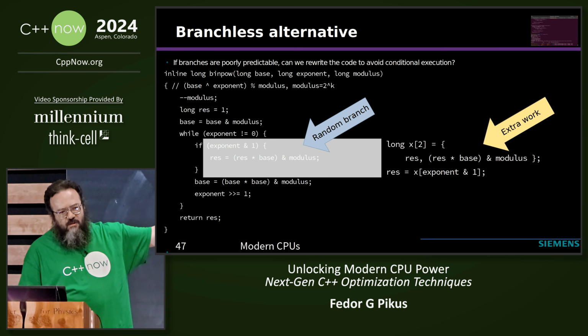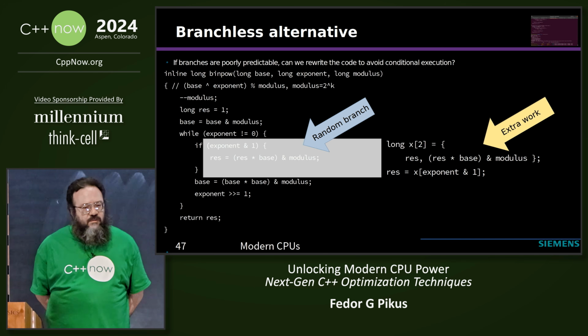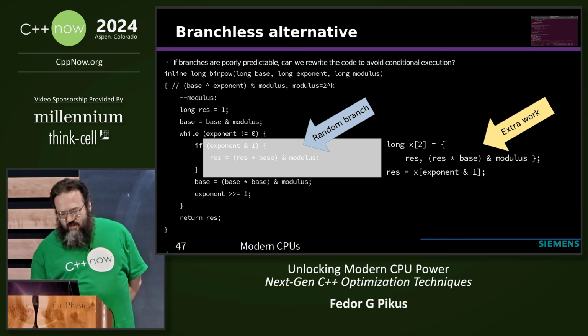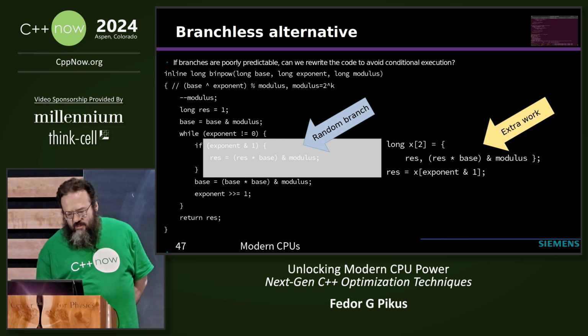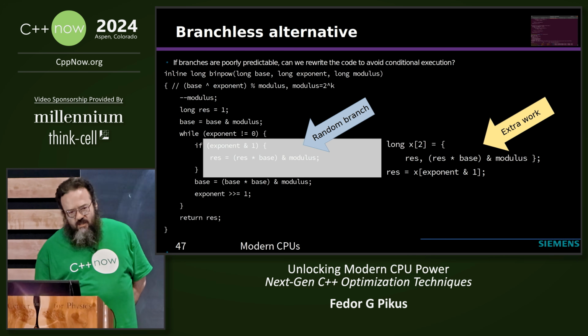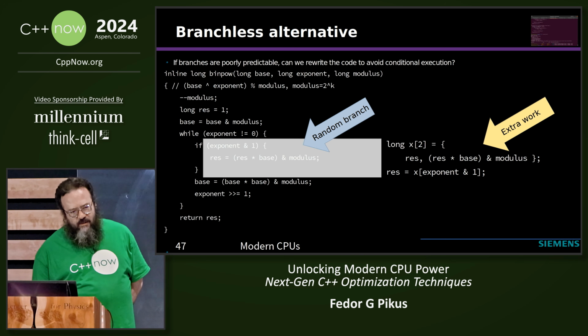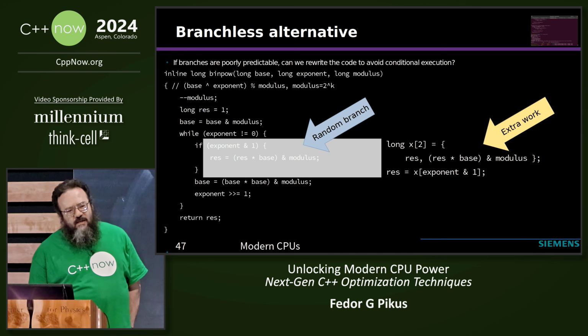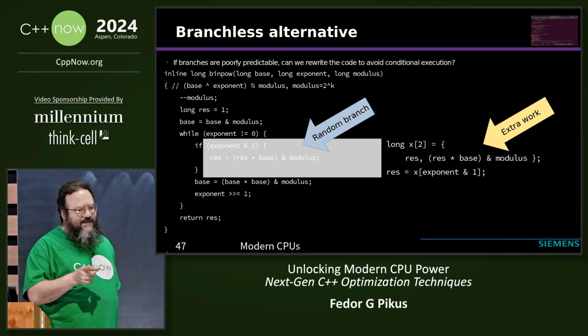Could it be that in the second case, the CPU has the result, and then it has to calculate the product and the modulus, and then could it speculatively start this next line and see when the exponent is even, so it doesn't need to finish the... Doesn't need to.